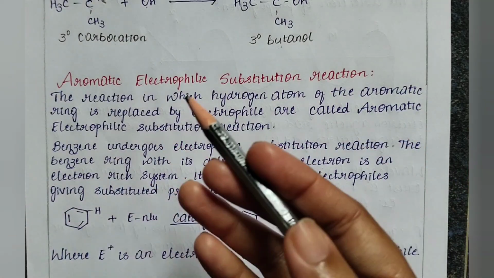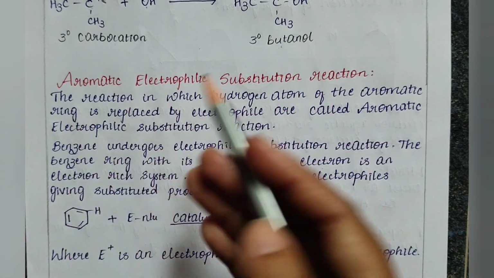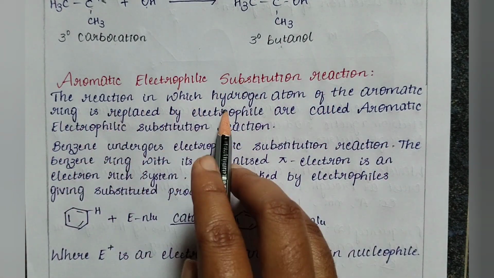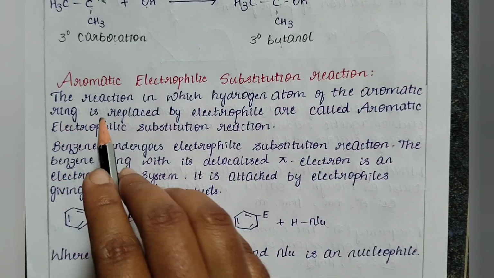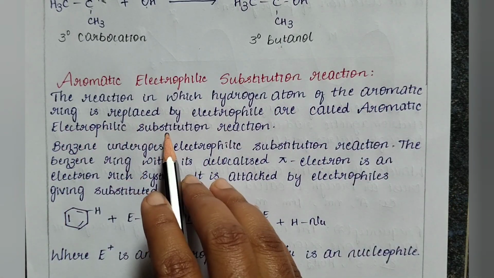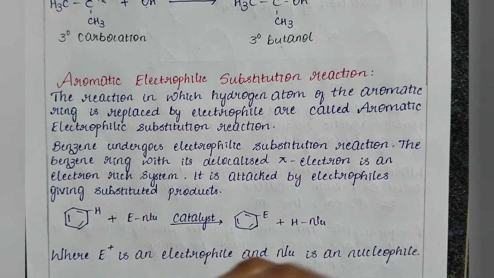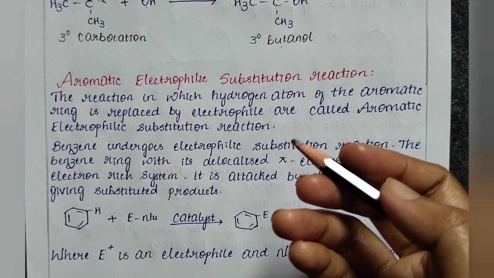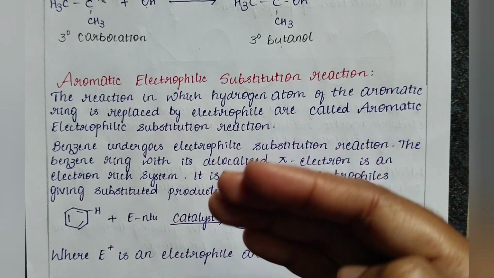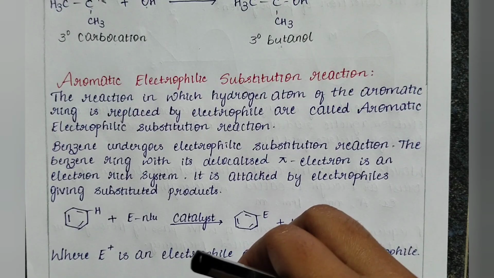Now let us see how electrophilic substitution reactions occur and are seen in aromatic compounds. The reaction in which a hydrogen atom of the aromatic ring is replaced by an electrophile is called aromatic electrophilic substitution reaction. Before dealing with the definition of this, first let us know what an electrophile means. An electrophile is an atom, an ion or a molecule that will accept a pair of electrons to form a new chemical bond.